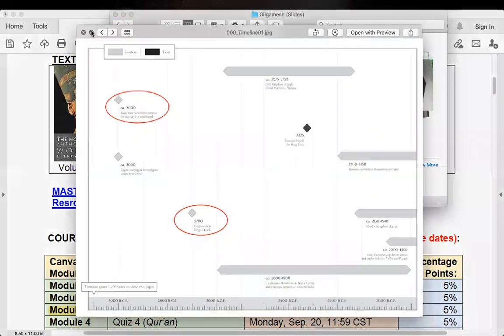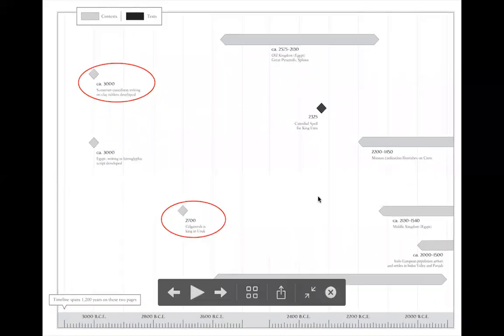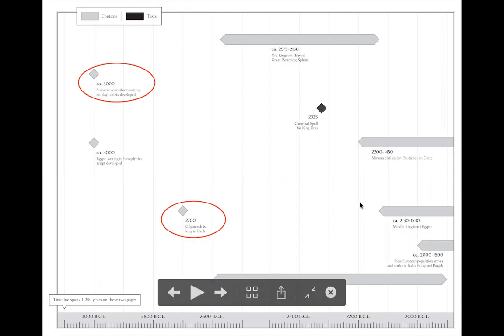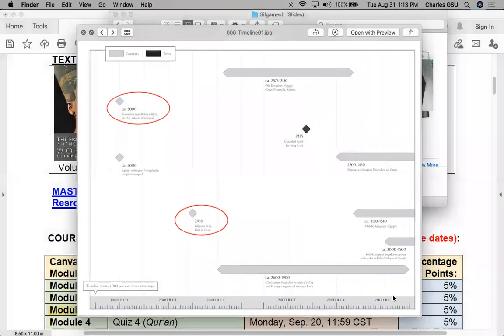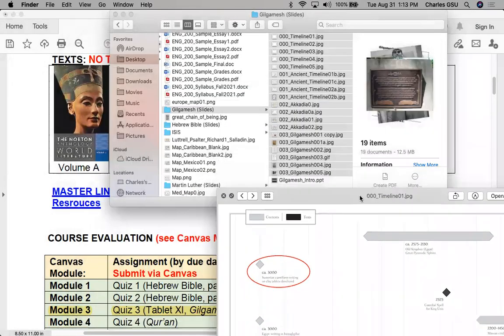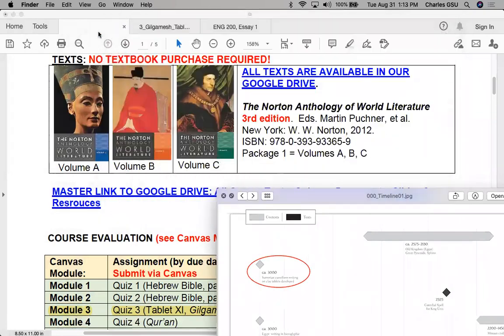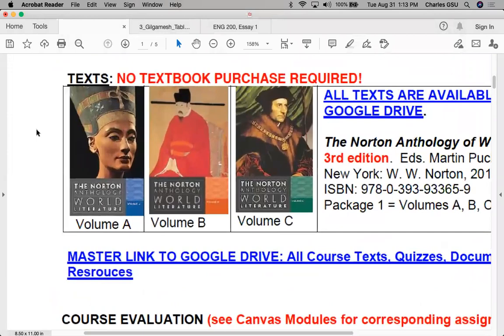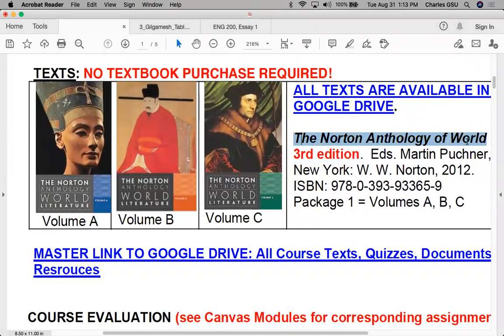And I'm going to highlight a couple of important points. This is the set of pages that form a chronology in the back of the Norton Anthology. This is where we're getting our texts from, the Norton Anthology of World Literature, volumes A, B, and C. We're only doing portions from each volume, obviously not the whole thing.